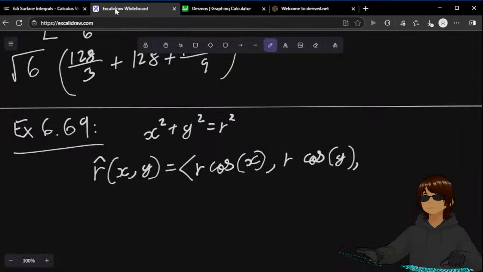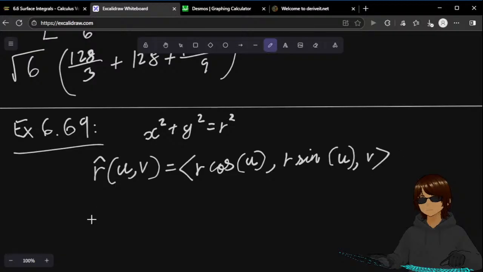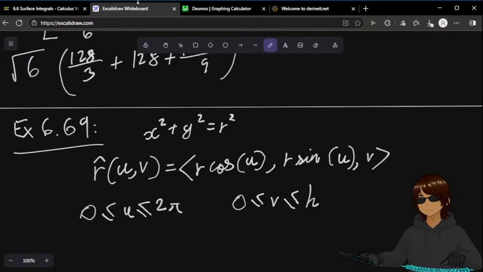Parameterize with u and v. What do they want?